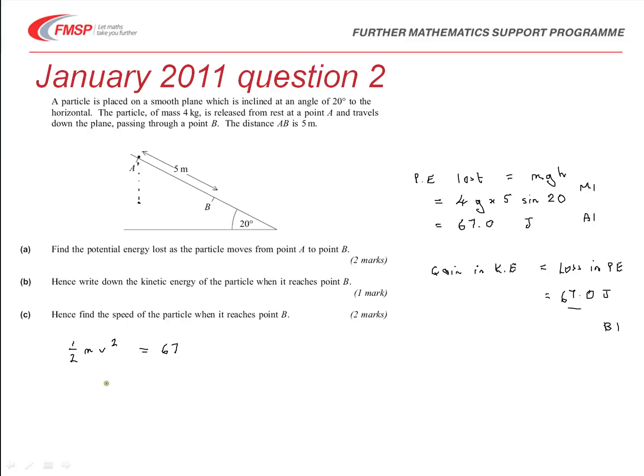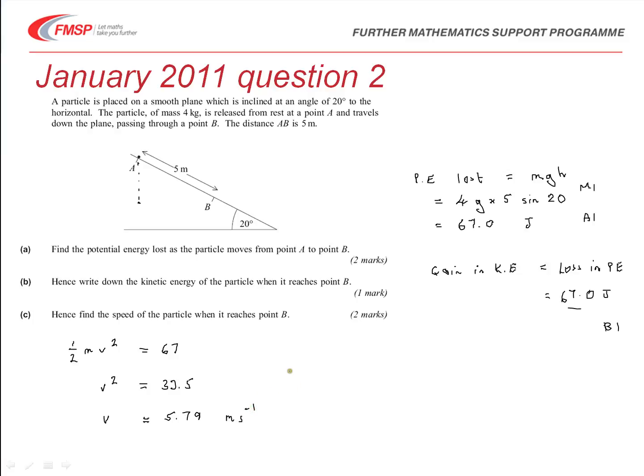We know that m is 4, so v squared must be equal to a half of that value, 33.5, and so v, the speed, will be equal to the square root of that value, which to three figures is 5.79, and that will be metres per second.